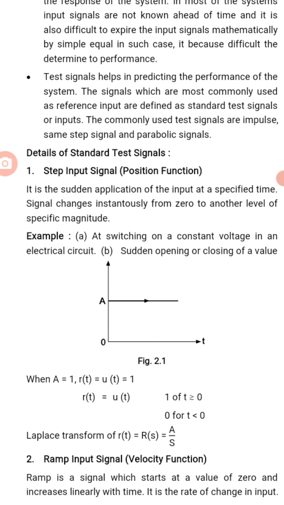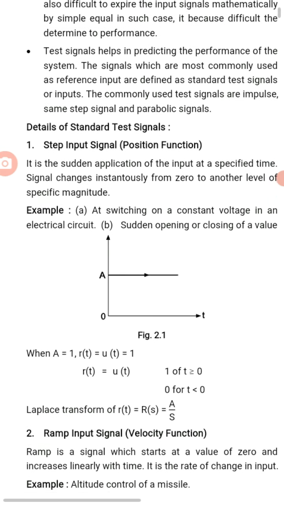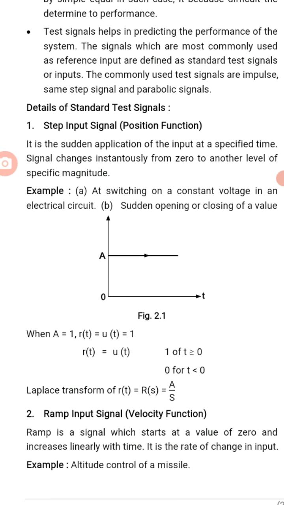So in this case, position function has 0 frequency and amplitude is A, which is also called 1. So equation of this above signal is r of t is equal to u of t is equal to 1 when A is equal to 1.